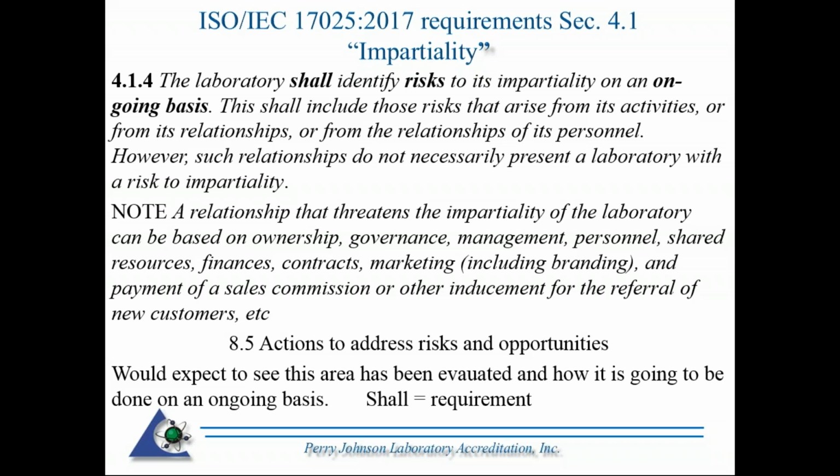You want to be aware that you at least need to be looking at what's stated here in 4.1.4. You have to look at any risk to impartiality. There may or may not be anything, and if there are or are not, what are we going to do about it? Is it an acceptable level? Is it not an acceptable level?